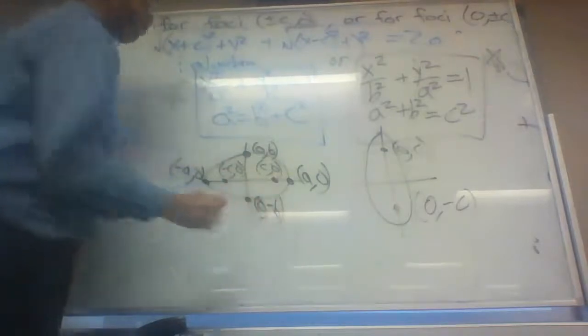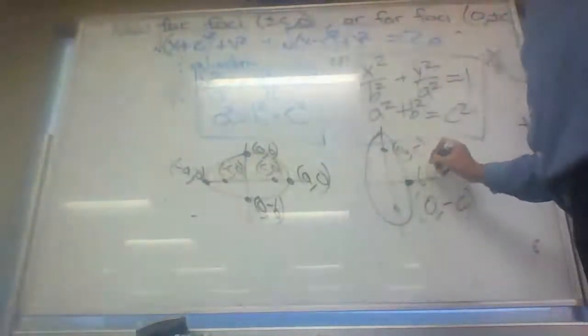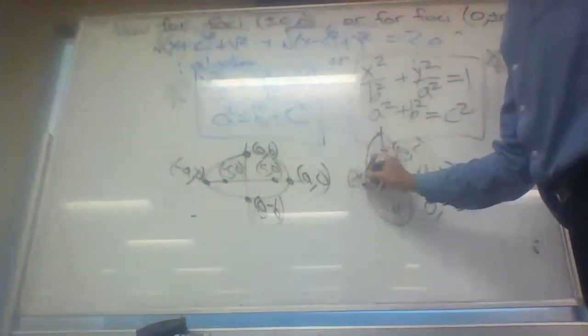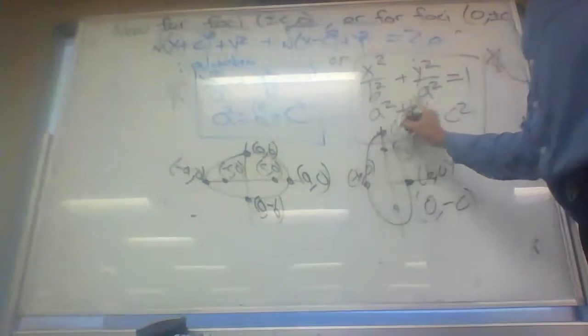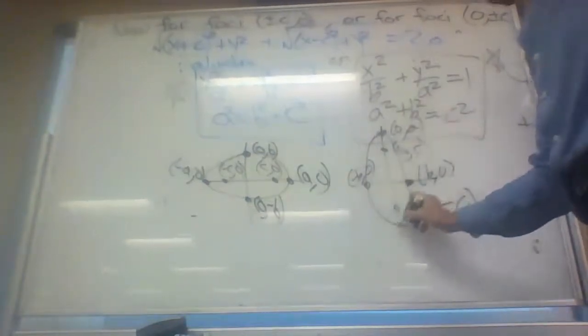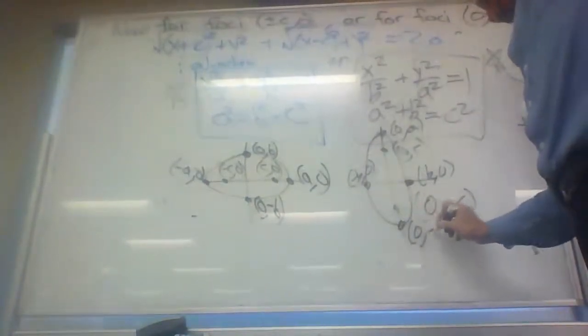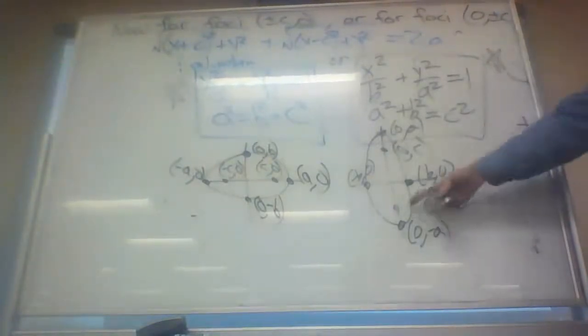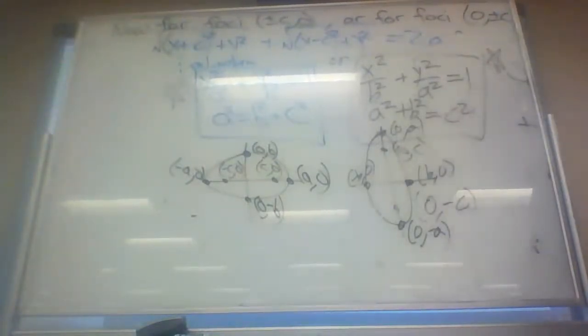So it goes up to (0, b) and (0, -b). Similarly, on this one, I have plus or minus b on the x-axis, (b, 0), (-b, 0), and (0, a), (0, -a). There are the vertices on this one.